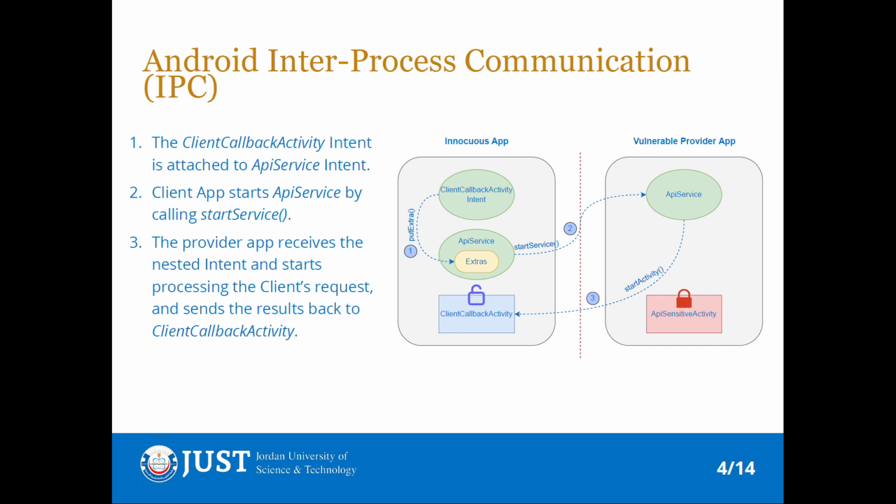The second consequence: the nested intent passed to the API service can be used to start any activity that is part of the provider app. This includes private, potentially sensitive, or non-exported activities.